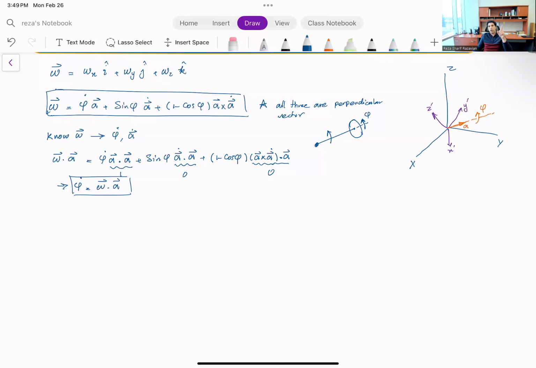If you have your vector of angular momentum and you want to know what is the equivalent rotation about any arbitrary axis, you just make a dot product of omega with that axis. That would be your rate of rotation about that particular axis. So quite useful.